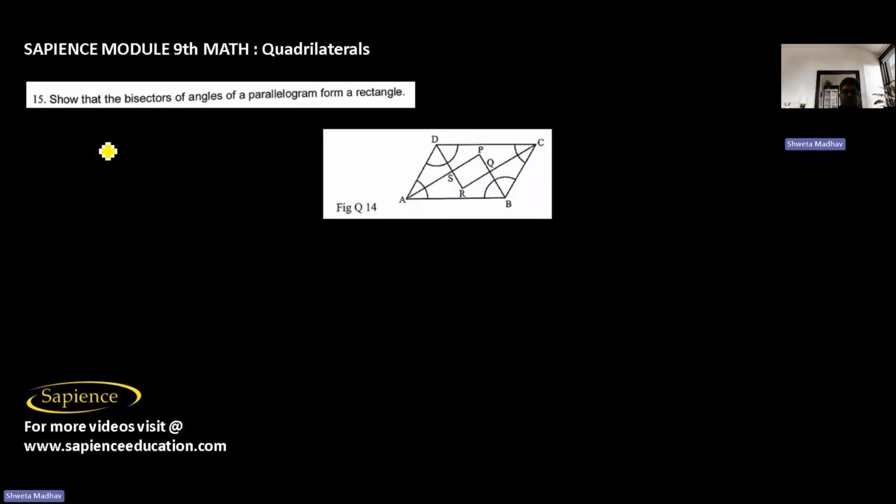Then here it is told to show that the bisectors of the angles of a parallelogram form a rectangle.